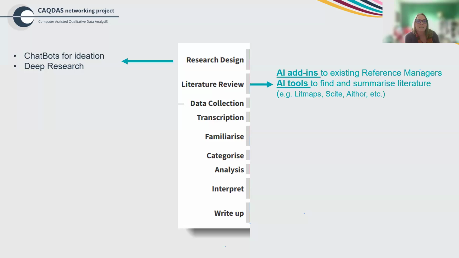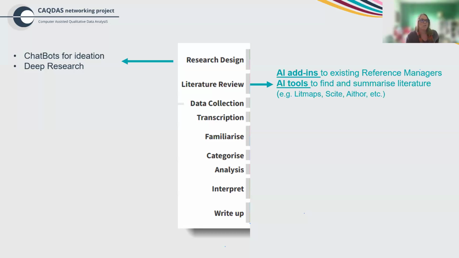And we're starting to see generative AI add-ins to existing reference managers, and also bespoke AI tools, which will find and summarize literature. There's just a few examples there. There are many, many, many others. Again, I'd be really interested to hear if anybody's used any of these new AI tools for literature reviewing. Pop the name of the tools into the chat if you have been using any of them.